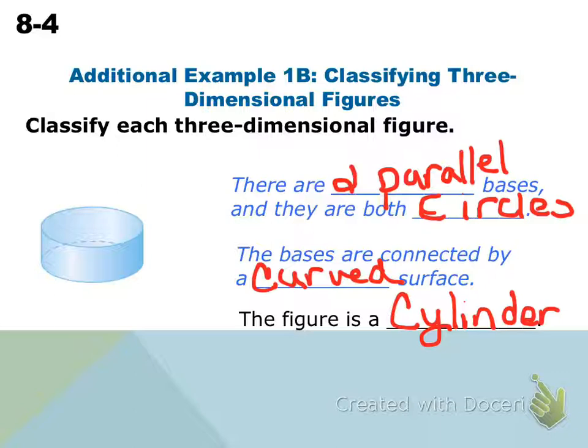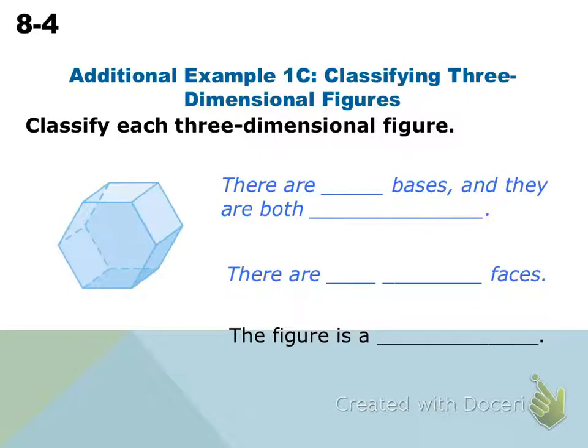Let's look at the next shape here. If we're looking at this shape here, how many bases are there? We have 2 bases, and they are both, let's see, 1, 2, 3, 4, 5, 6 sides. 6 sides would be a hexagon, so those are hexagons.